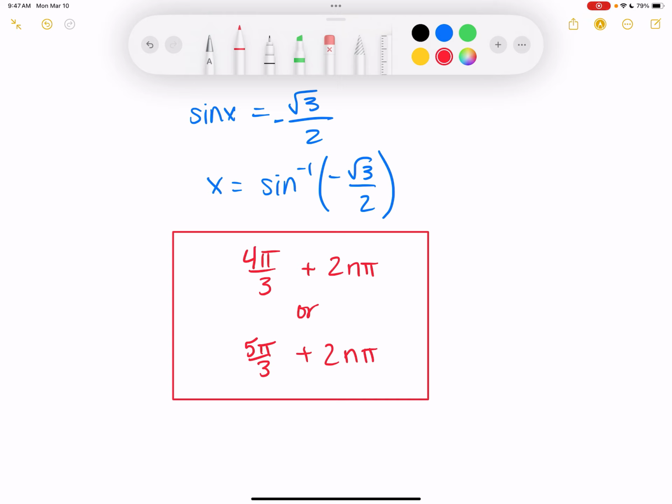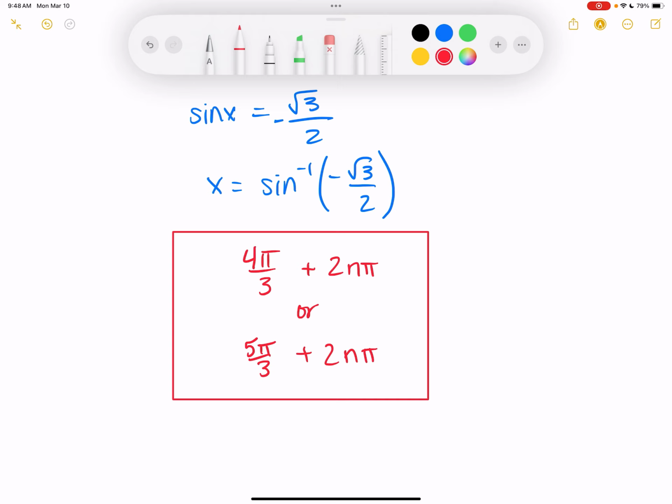Will we ever be finding the degree of these solutions? No, we only use radians. Are we supposed to put this number back into the problem and check it for extraneous solutions? No, only on the ones that are specific solutions.